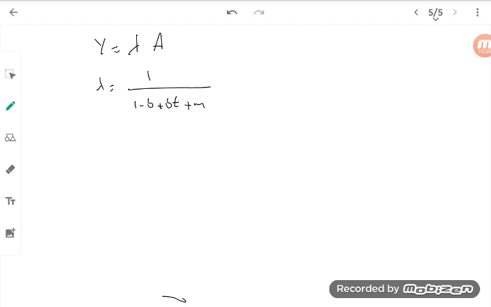So in our example it is 1 over (1 minus 0.6). Small t equals 0, so bt is 0. There is no imports, so m is 0. So the multiplier will be 1 over 0.4. It's 2.5.